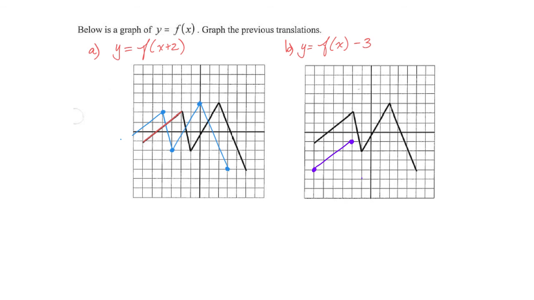Now I can transform the next key point, connect them. Transform the next key point, connect them. Transform the last key point, connect it. And we should end up seeing then that we have our same shape shifted down 3 units.